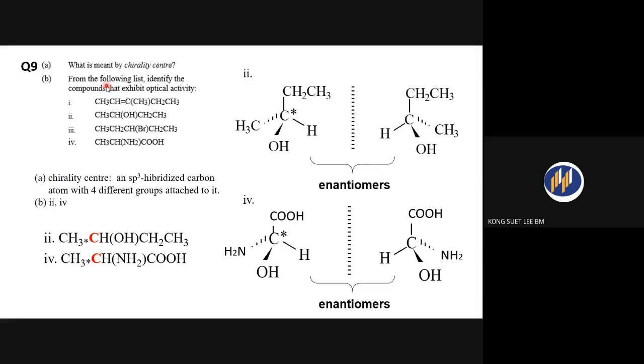And then next, identify the compound that is optically active. Okay, semua orang ikut madam. Madam ajar cara senang. Ada H3, tak boleh. Carbon-carbon double bond, tak boleh kerana carbon-carbon bond bukan sp3. H3, tak boleh kerana mesti berbeza. H2, tak boleh lah. Jadi ni tak ada.